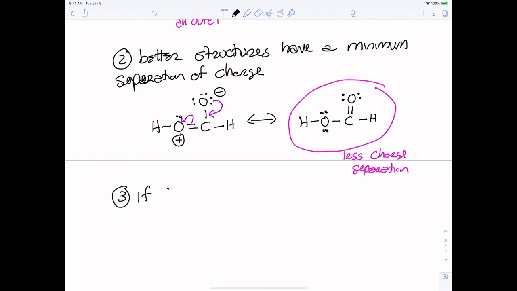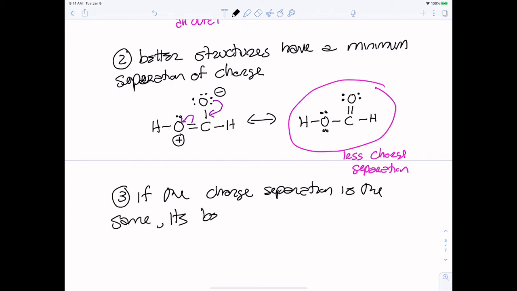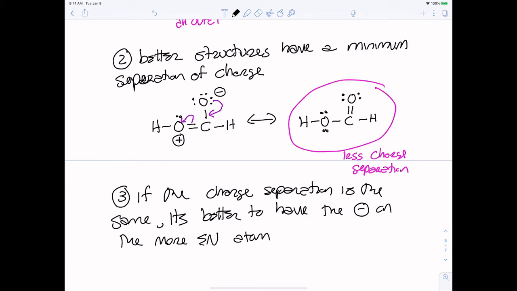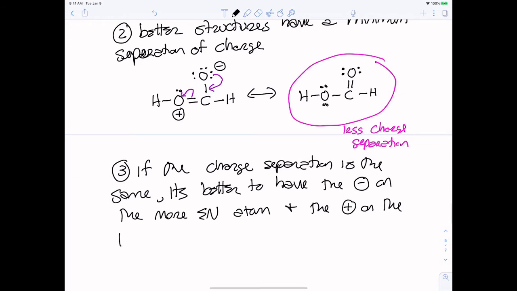So if the charge separation is the same, it's better to have the negative, if you have one, so the negative charge on the more electronegative atom, and the positive, if you have one, on the less electronegative atom.